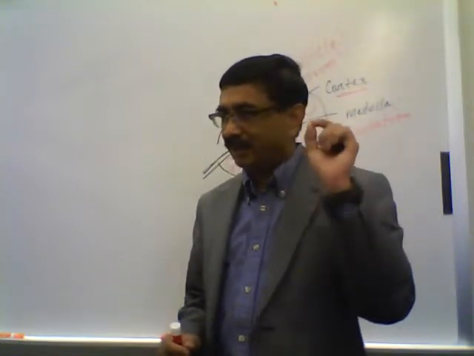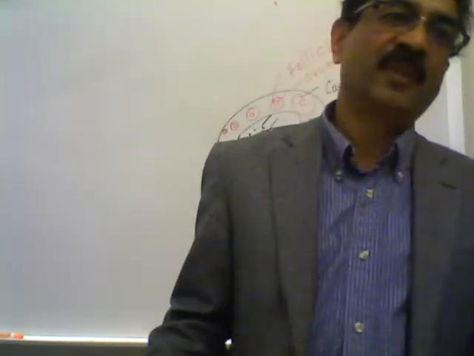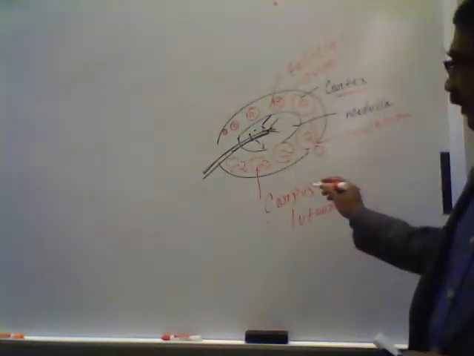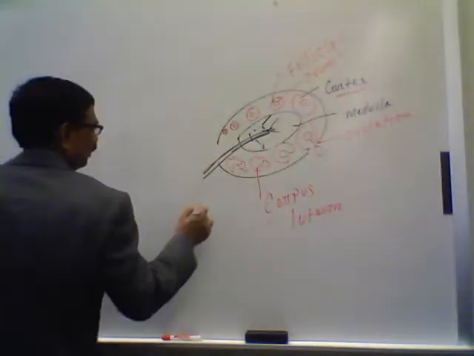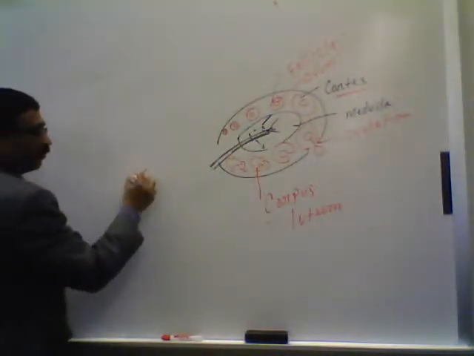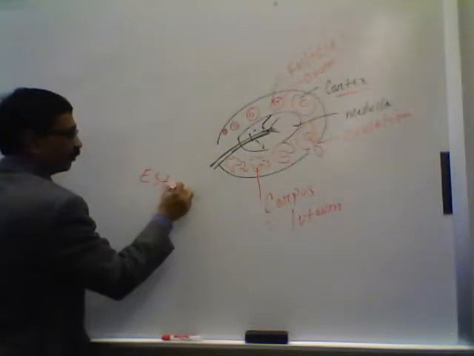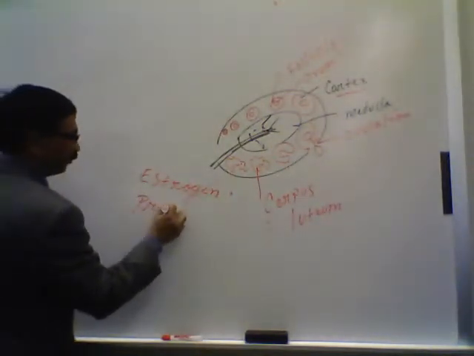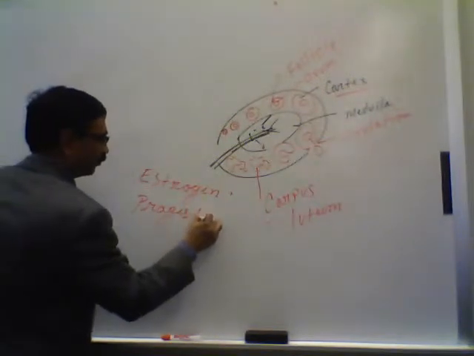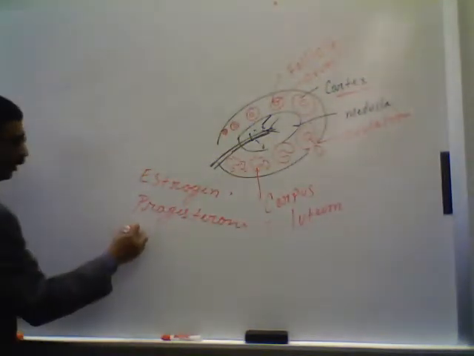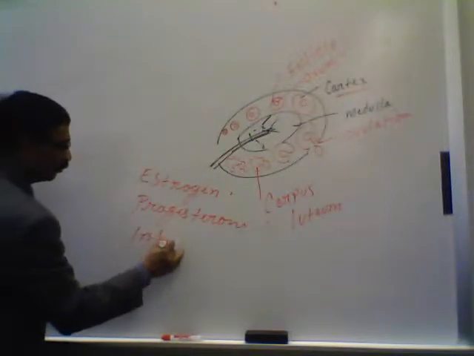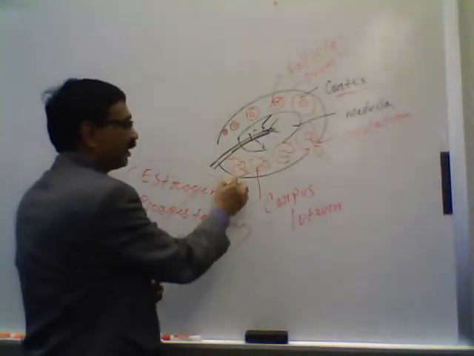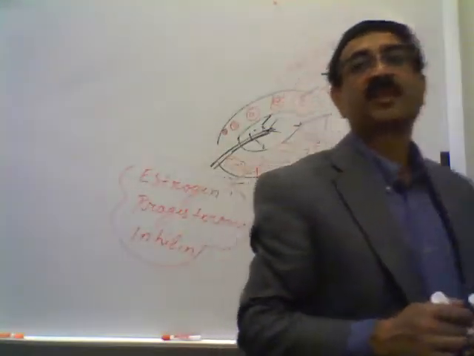As a temporary gland inside the ovary and releases three hormones: estrogen, progesterone, and inhibin. These three hormones are released by the corpus luteum.